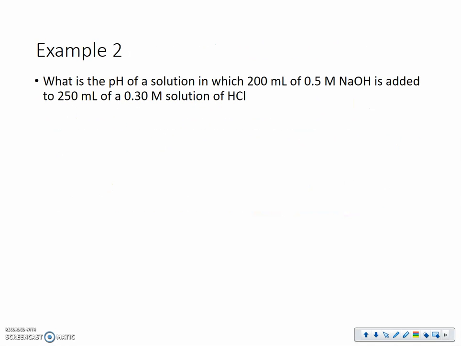So what's the pH when 200 milliliters of 0.5 NaOH is added to 250 milliliters of 0.3 acid? So let's figure out the moles of each.